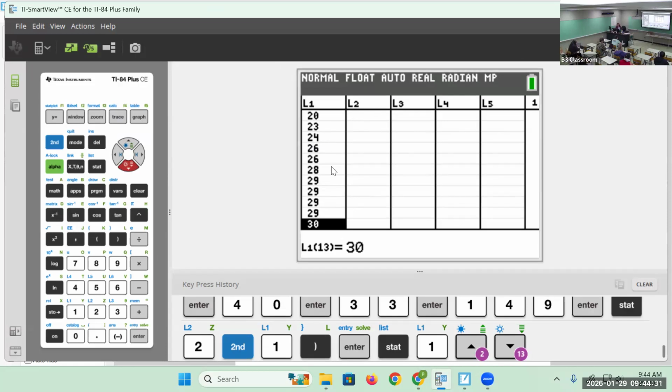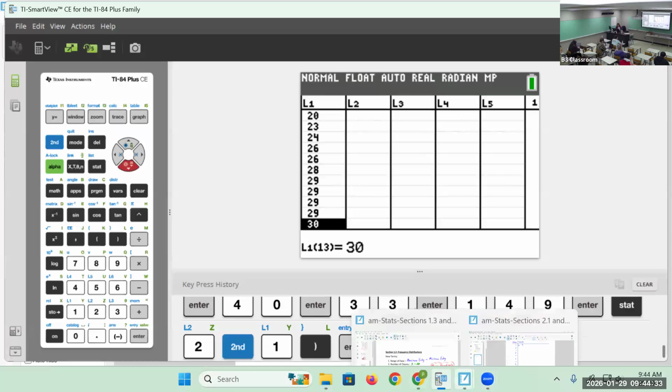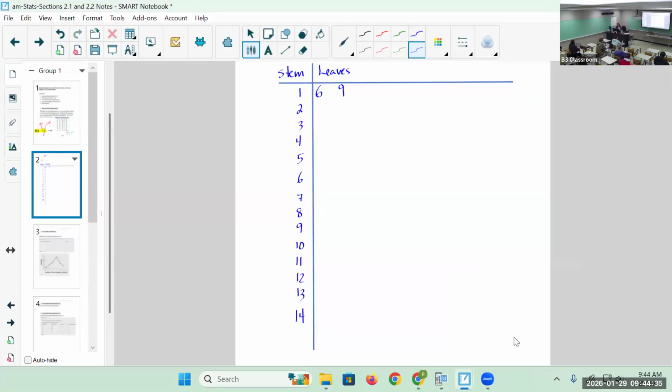So I have only 120. I have only 123, so I put a 3. I have only 124, but I have two 26s, so I'm going to put the 6 twice. I have a 28, and then I have four 29s. So then I'm going to put four 9s.